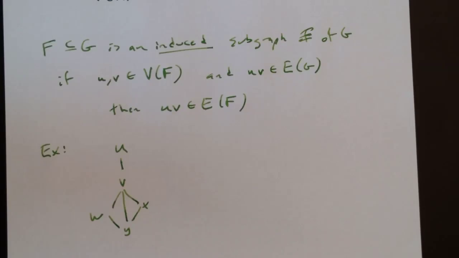I want you to take some of the vertices. There are 5. How about you pick 3 of them? Which 3 do you want?